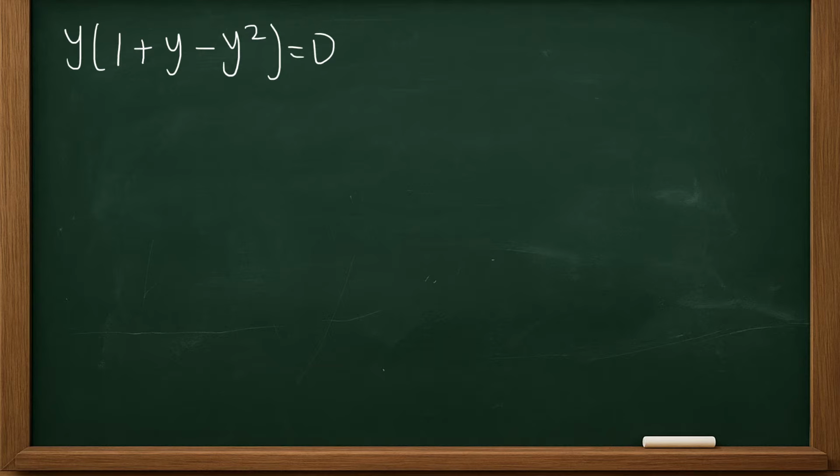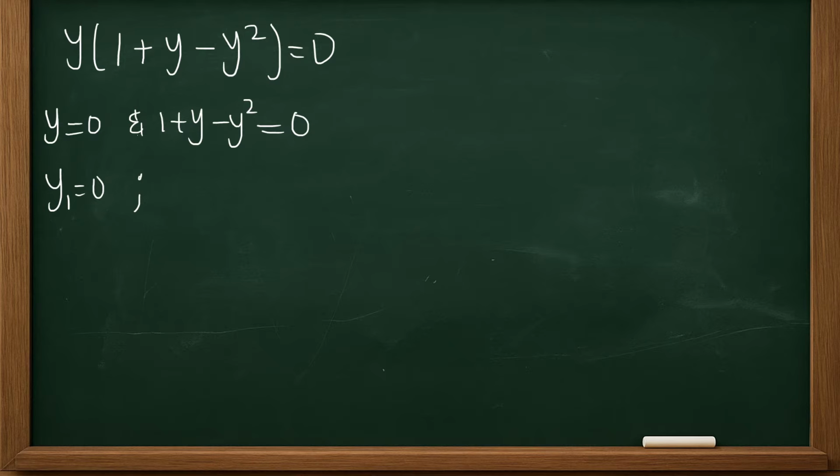Here, you can say that y equals 0, and in this case, you can say that 1 plus y minus y squared equals 0. So here I'm going to say y1 equals 0, and if you multiply this through by negative, you're going to have y squared minus y minus 1 equals 0. Here, you see that this is impossible.